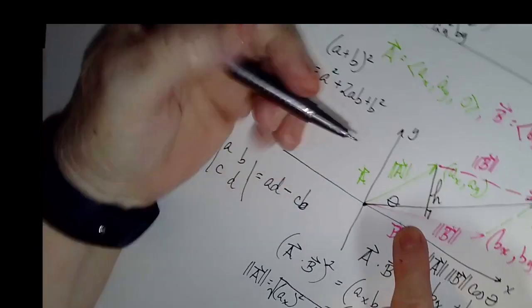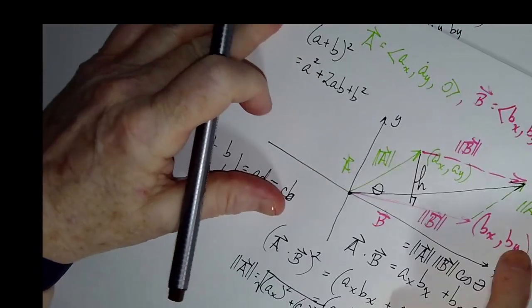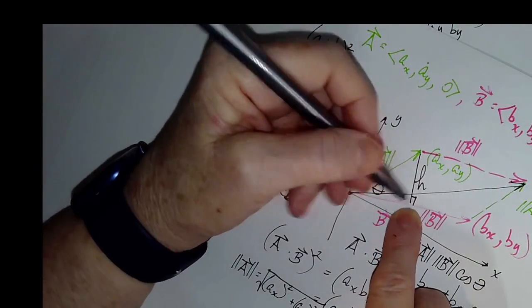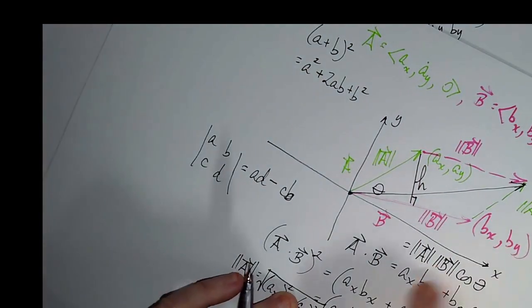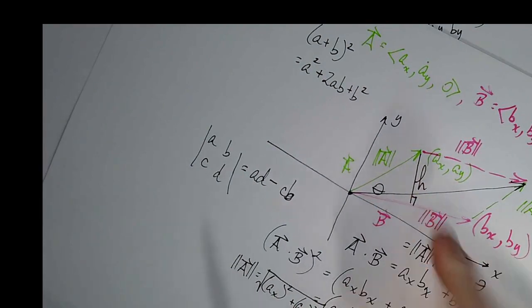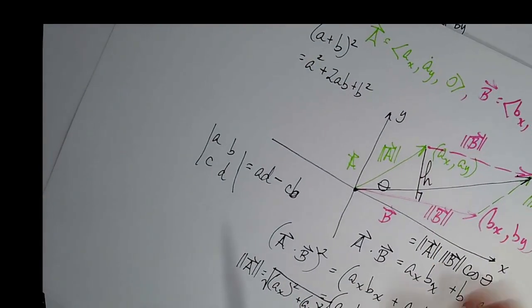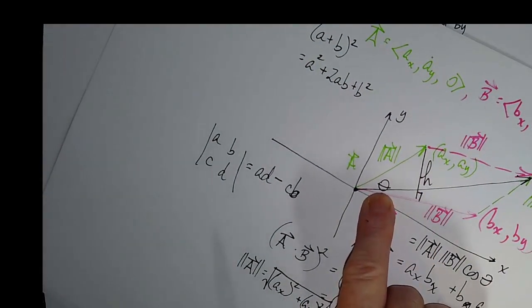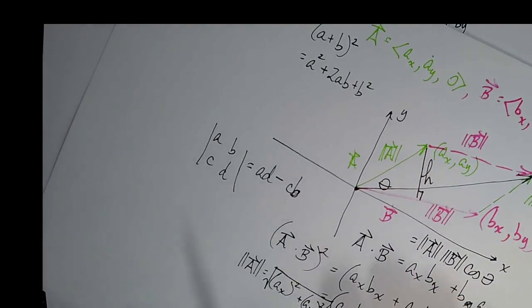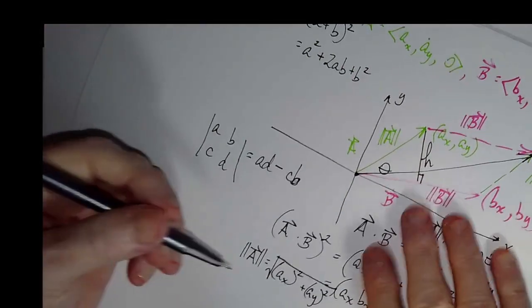So the height of our parallelogram is the perpendicular distance between B and the other side. And can we represent h using values we know? We know theta. We know the magnitude of A. Okay, I think I can do this.